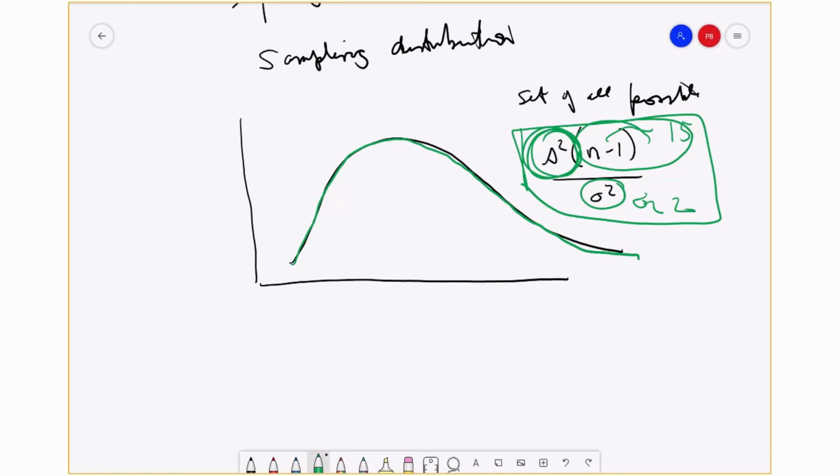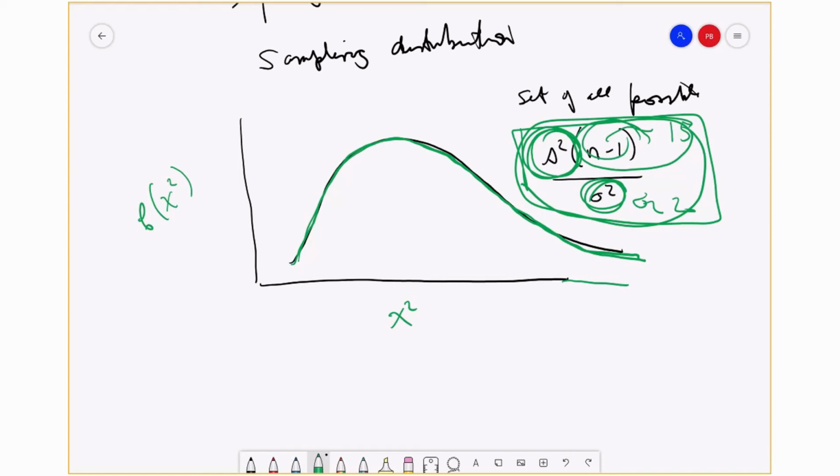So this curve right here reflects the probability density function, showing on this axis chi-squared. This would be f of chi-squared. So it's the probability density function of all possible values of this statistic that might have arisen, given that this is equal to 20, given this is equal to 15.